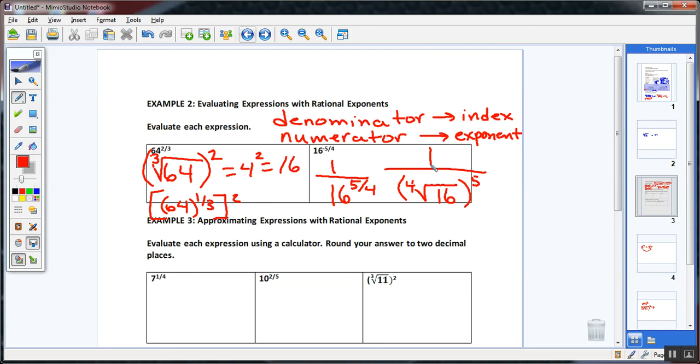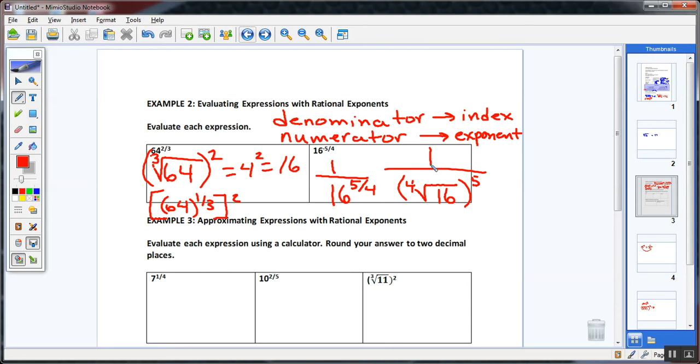Now we're going to take that 2 to what power? What is 2 to the 5th? Not 10. 2 to the 5th. 2 times itself, how many times? 32. But we also said that the 4th root of 16 could be negative 2. What would negative 2 to an odd power be?